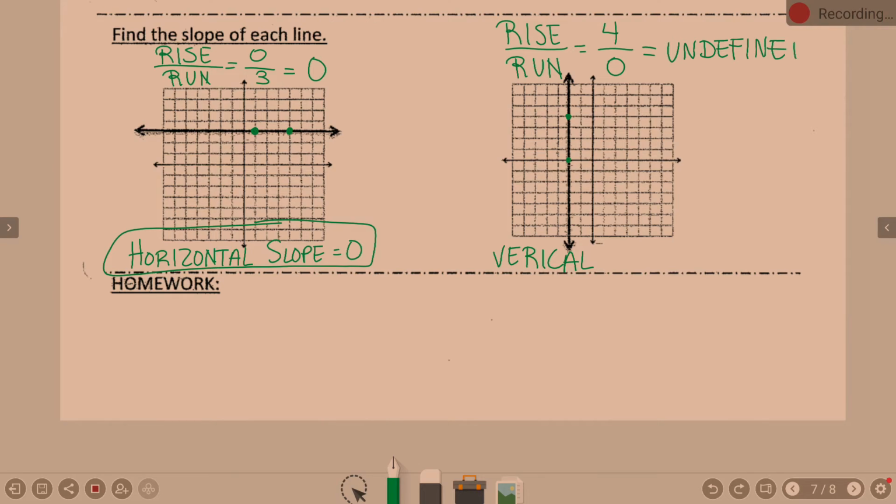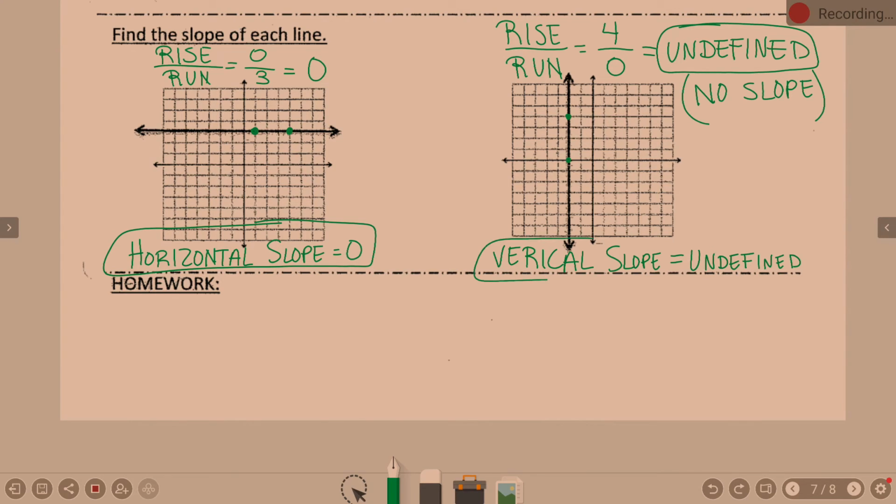There's 2 ways you can put this: you can either hear the slope is undefined, or you can hear no slope. I don't remember which one MyMathLab uses. So the vertical slope is always undefined or no slope.